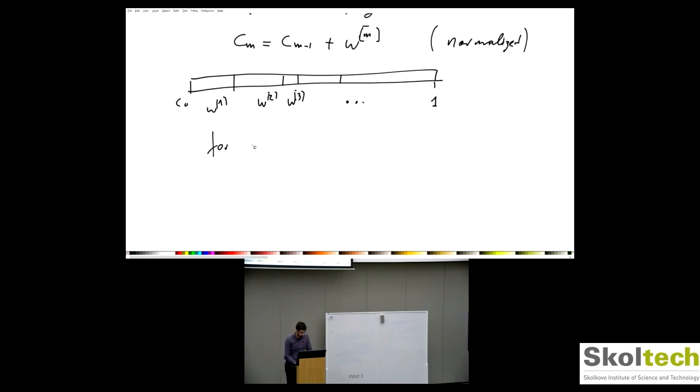Let me write the algorithm like this. We sample M times. Here what we do is, maybe not U, but A, from a uniform distribution from 0 to 1.